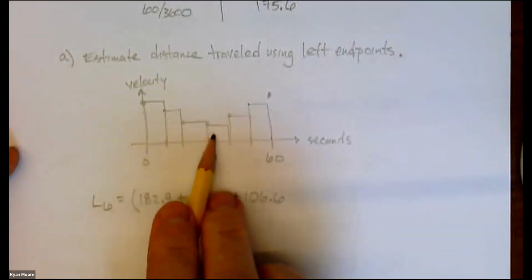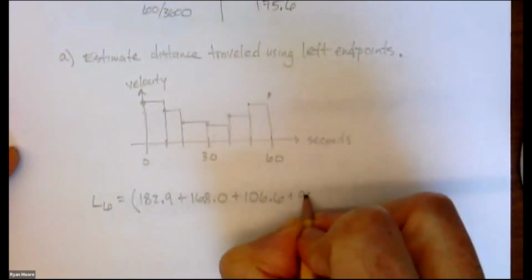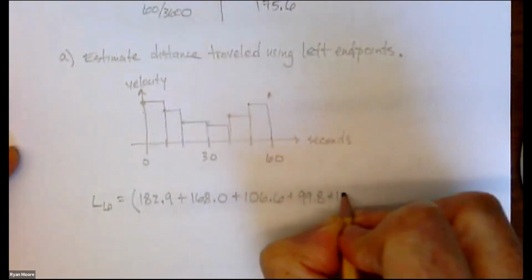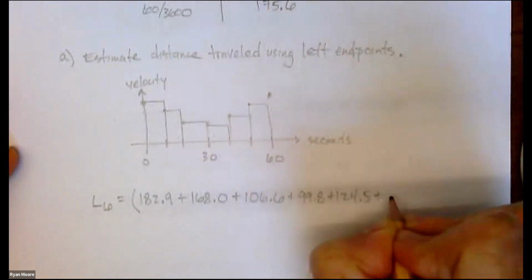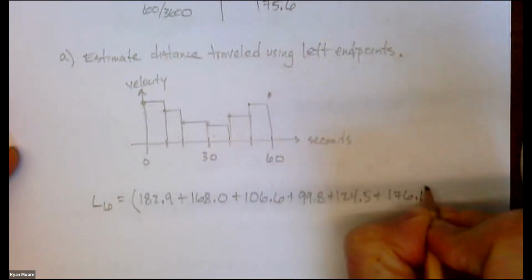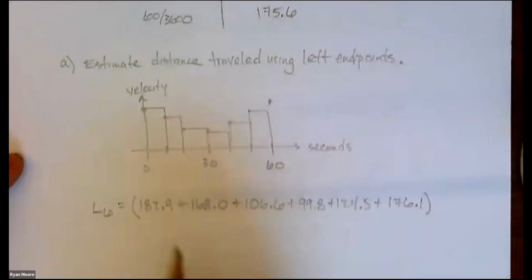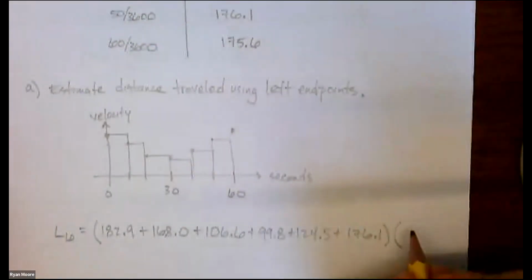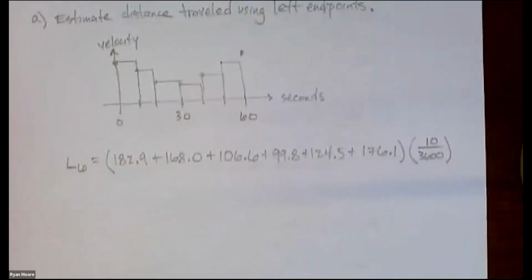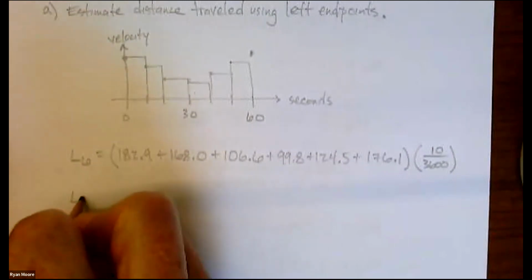The fourth rectangle was 99.8, 124.5, and 176.1, which uses the first 6 numbers in the table. We don't need the last one. The width of each rectangle, again, is 10 seconds. We're going to say 10 over 3600.